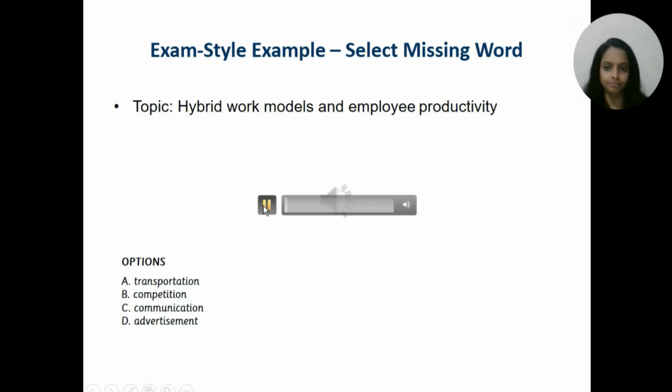Over the last decade, many companies have shifted toward hybrid work models in order to improve employee satisfaction and reduce operational costs. While some managers initially believed remote work would lower productivity, several recent studies have actually shown the opposite. Employees often report feeling more focused and less stressed when they have greater flexibility over their schedules.